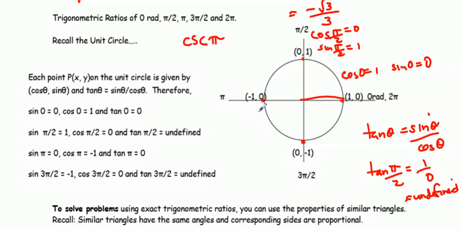The sine of pi is 0, and if I take the reciprocal of 0, I get 0 on the bottom. So this is also undefined. And so there's a lot of exact values that come out of just simply drawing out the unit circle and putting those 4 coordinates in.